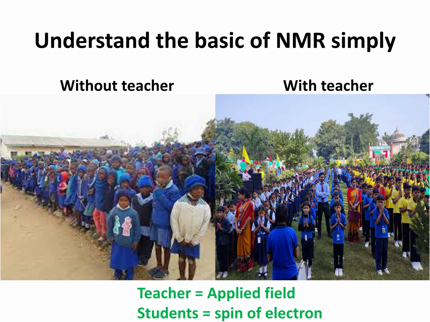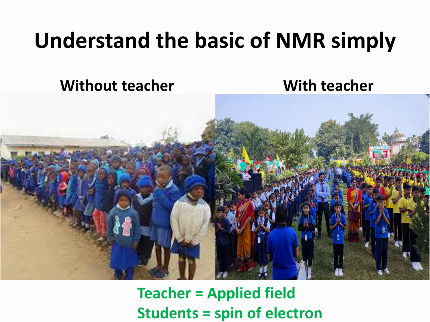To understand this clearly, compare it with a scenario. Think of a teacher as the applied field and the students as the spins of electrons. Whenever in any playground no teachers are present, students are randomly aligned, with no orientation.